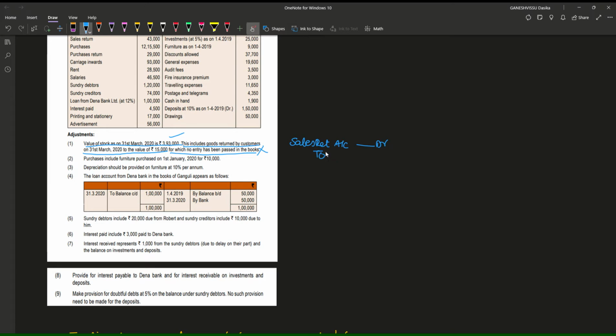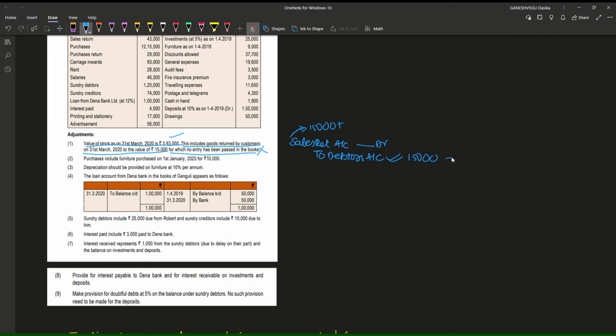Sales returns account debit to debtors account. That means we need to deduct the debtors by rupees 15,000 and increase the sales returns by 15,000.